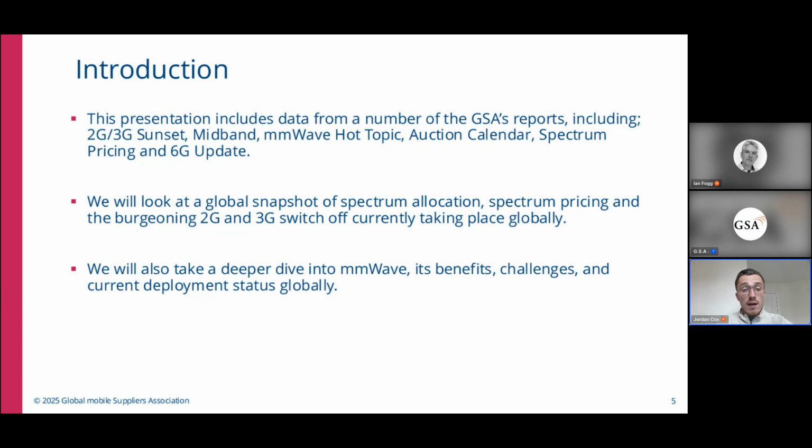And finally, we'll take a closer look at mmWave. We'll explore its capacity benefits, the challenges surrounding its rollout, and where we're seeing live developments today. The aim is to provide a concise but comprehensive snapshot of how the spectrum landscape is evolving and what it means for the wider mobile ecosystem.